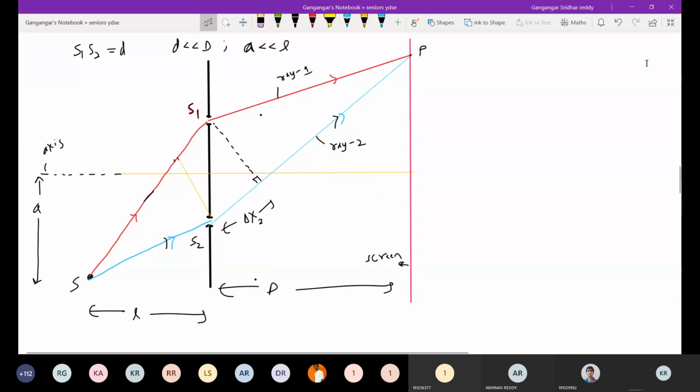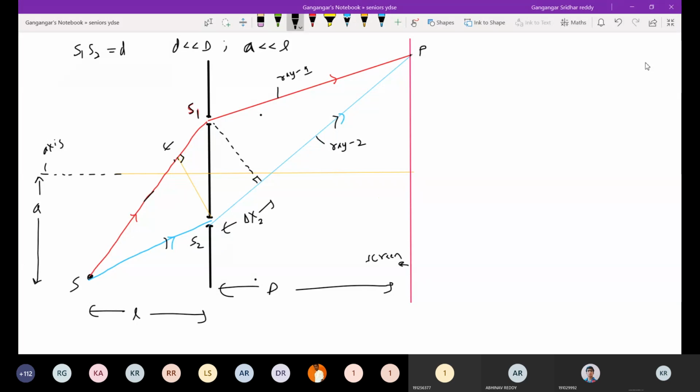Okay, are you seeing clearly? So these two lines are not parallel. Strictly, they're not parallel here. So this distance is not equal to this one. Then these two, the yellow color and dotted line, are not parallel. So this one, and this will be perpendicular again. This will be the perpendicular.